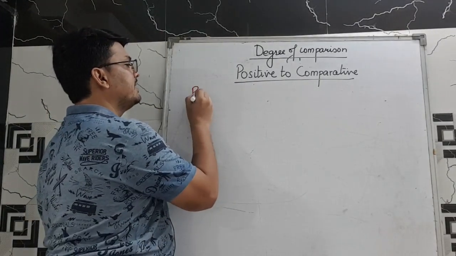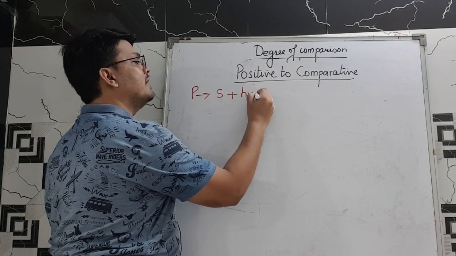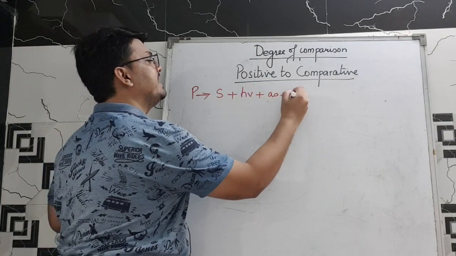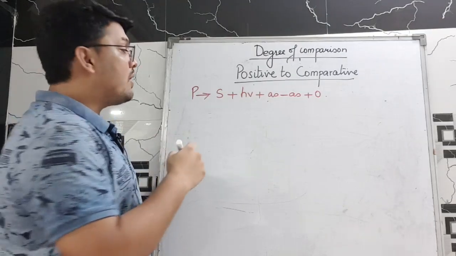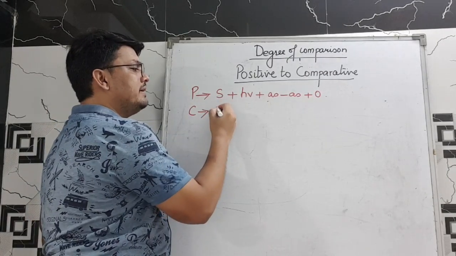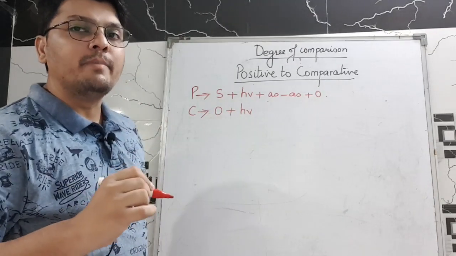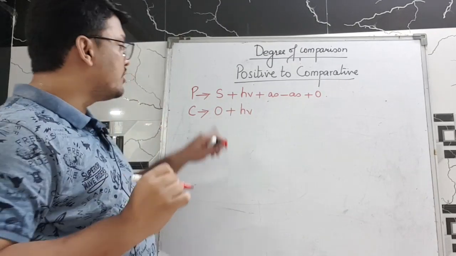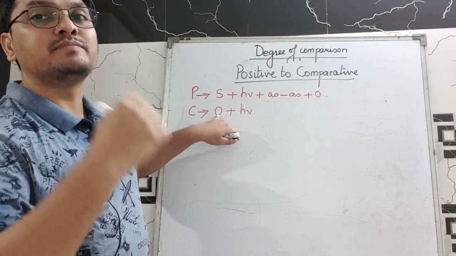Positive degree begins with subject plus helping verb plus positive degree sign as plus object. Now how will I convert it into comparative degree? Object will come here and helping verb. Students, the helping verb will be used according to the form of subject or object that comes here.